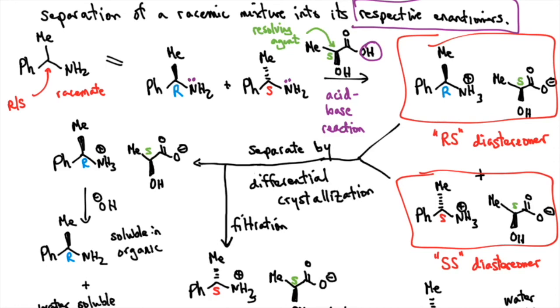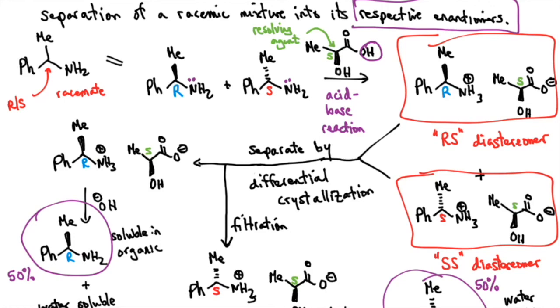You can separate those out. And so now you have your R enantiomer and your S enantiomer completely separated. 50% of your racemic mixture is now the R, separated from the 50% of your racemic mixture which is the S.